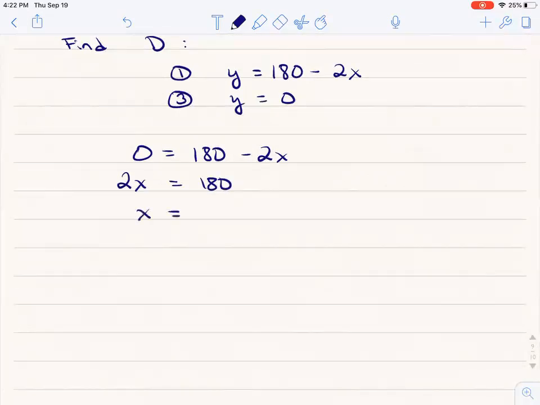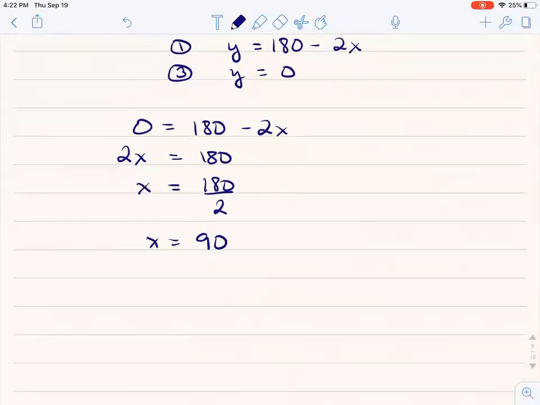And so x must be 180 divided by 2, so x is 90. So D is at the point 90, and we already know that y is 0 because that's what we forced it to be.